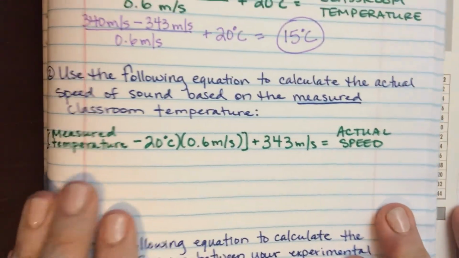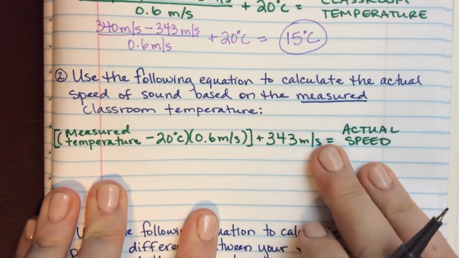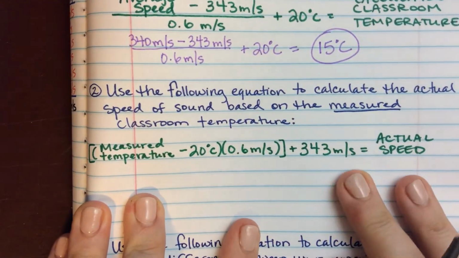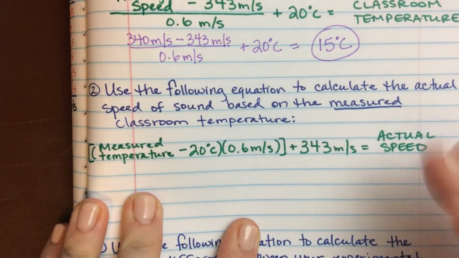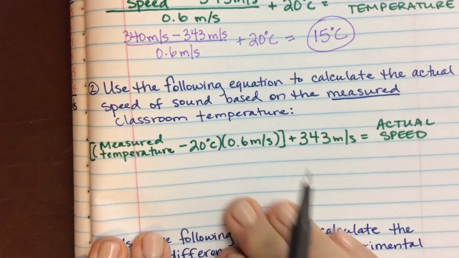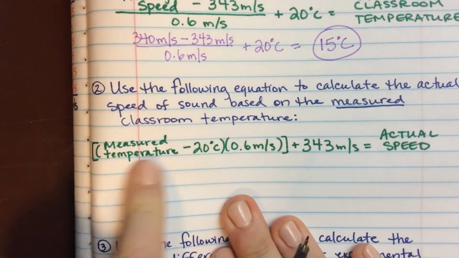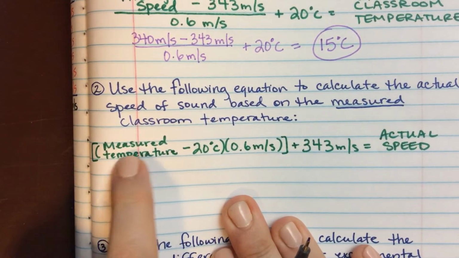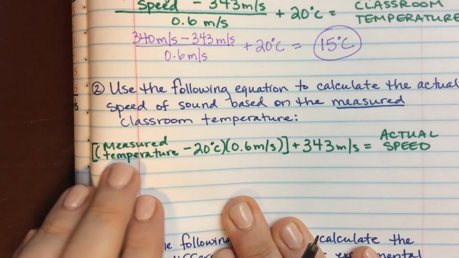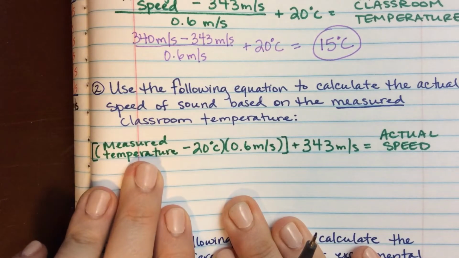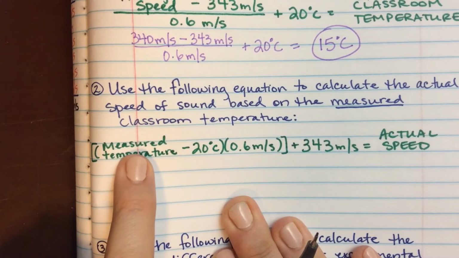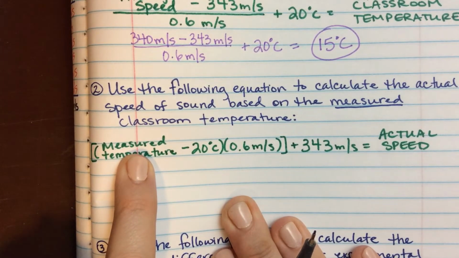Now the second question: let's calculate the actual speed of sound in the room or in the tube based on what we're going to measure with a temperature probe. You're going to have a measured temperature from the video if you're watching this from home, or from your actual temperature probe if you're doing this lab in the classroom. That's the temperature you're going to plug in here.